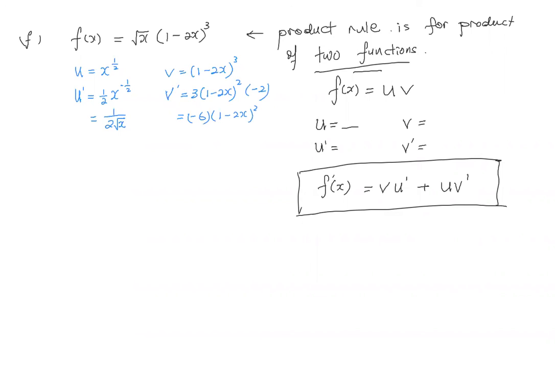Now the next step is I sub into this formula. My f prime x: for me, I won't write this step, I straight away put into the formula. For me, this is the back, this is the front.